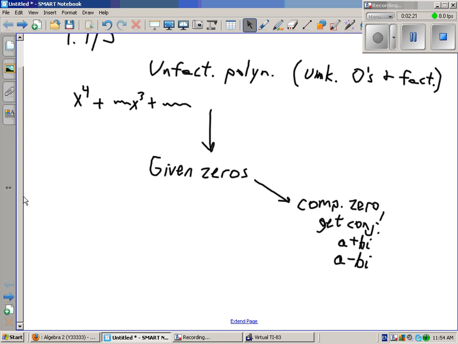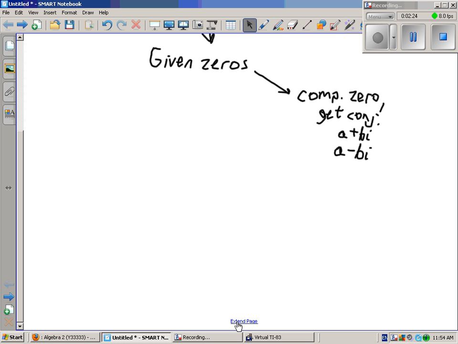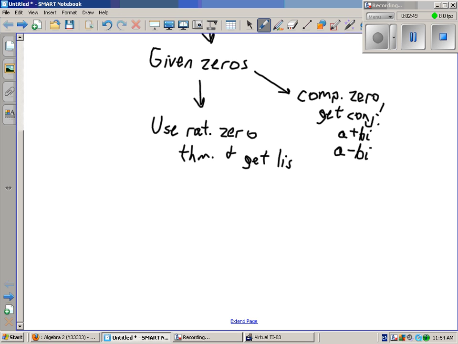All right. Well, let's say either we've exhausted our list of given zeros or we simply are not given any at all. In that case, our next step is to use the rational zero theorem to find a list of our possible zeros, and we confirm these with the graph on the calculator.